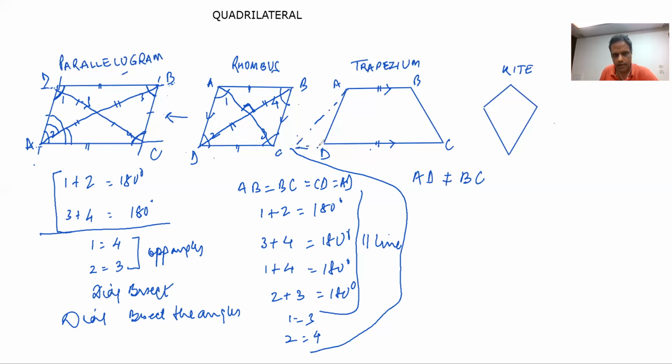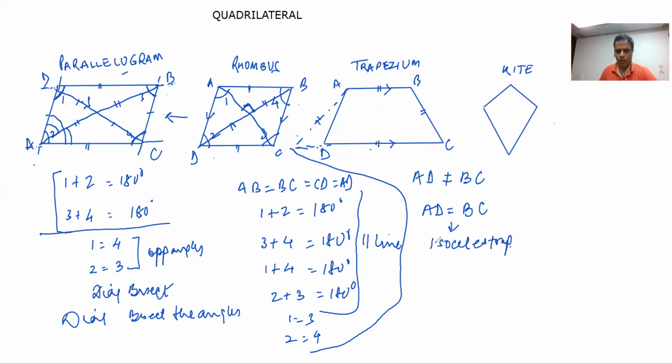If I make a figure like this, then this line is not equal to this line, right? But there is another kind of trapezium where AD is equal to BC, which is the most important trapezium, called the isosceles trapezium.